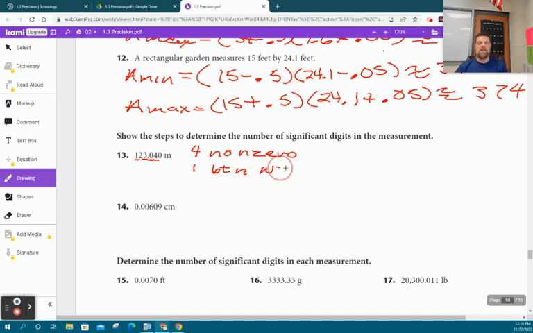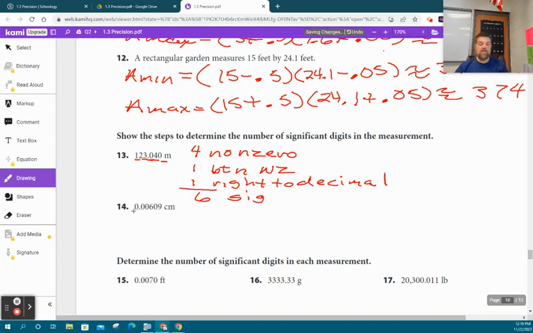I'll just say capital NZ. And then 1 to the right of the decimal. So this is 1 to the right, this one over here. How many significant figures? 6. Yep. So you add it up, you've got 6 sig figs on that one.